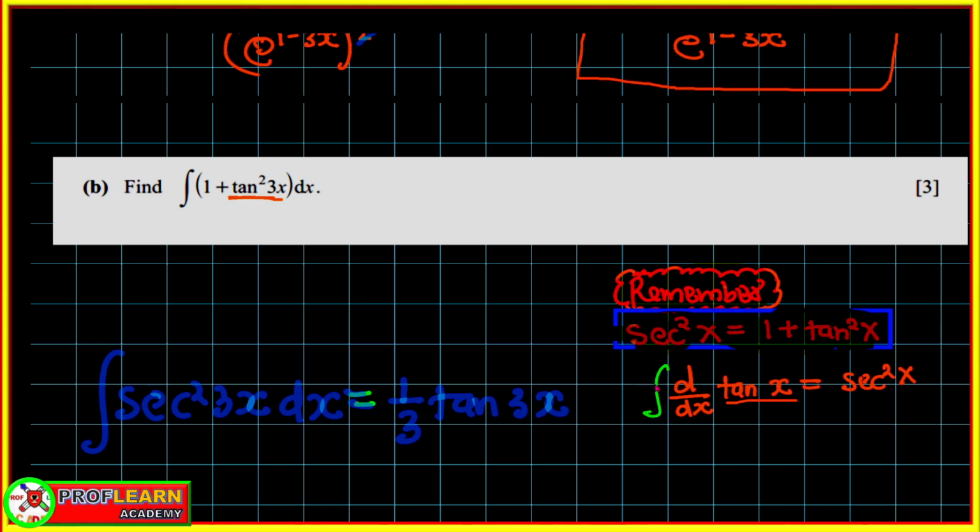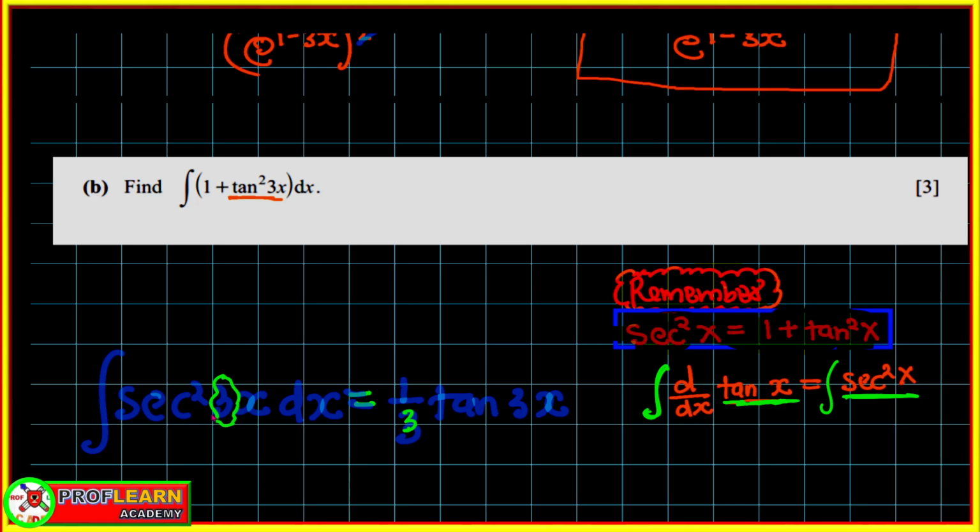So from differentiation we know d/dx of tan x is sec squared x. So if you integrate this, we are going to have our answer: the integral of sec squared is basically tan x. So the integral of this is going to be 1 over 3 tan 3x, and the 1 over 3 is originating from here.